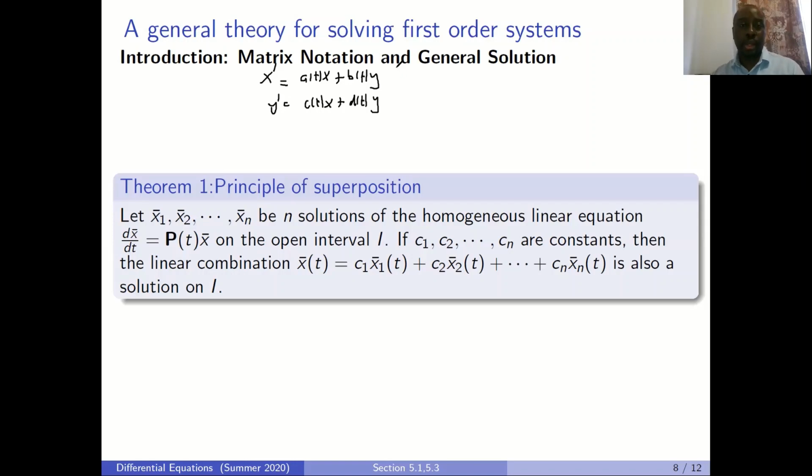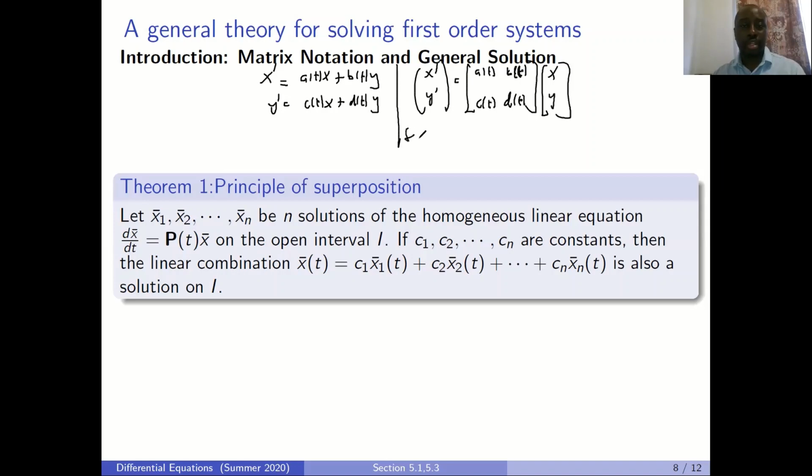Now I can conveniently rewrite this as (x prime, y prime) equals the matrix a of t, b of t, c of t, d of t, times (x, y).